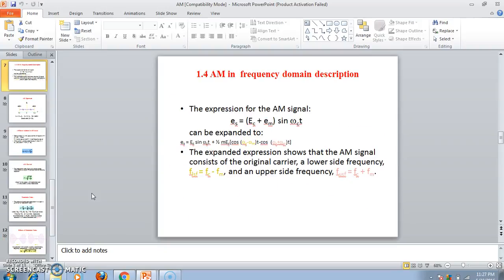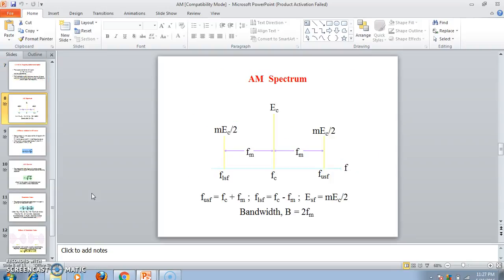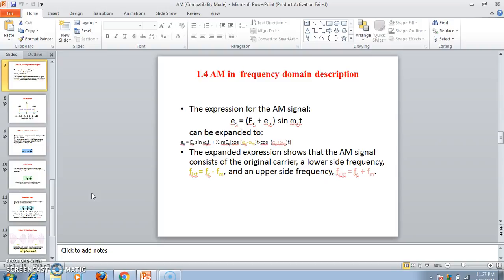Then for amplitude modulation in the frequency domain: in order to calculate the spectrum and define the sidebands of the amplitude modulation, we need a frequency domain description, so we apply the Fourier transform.